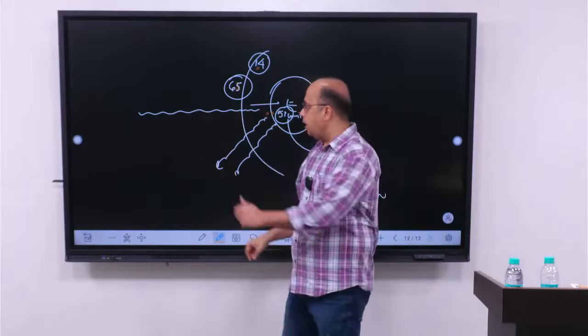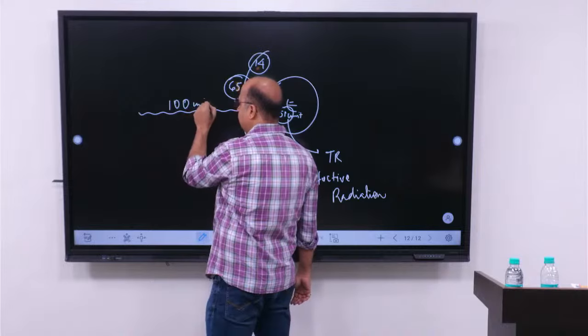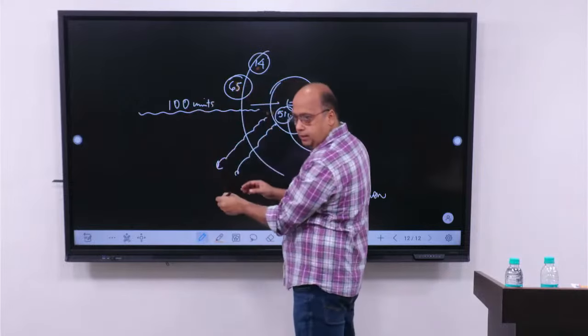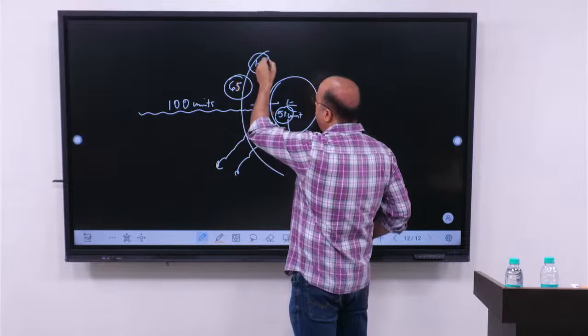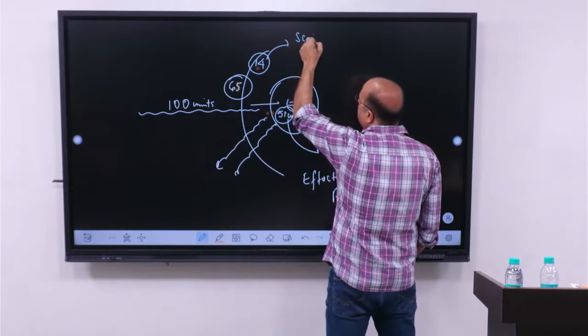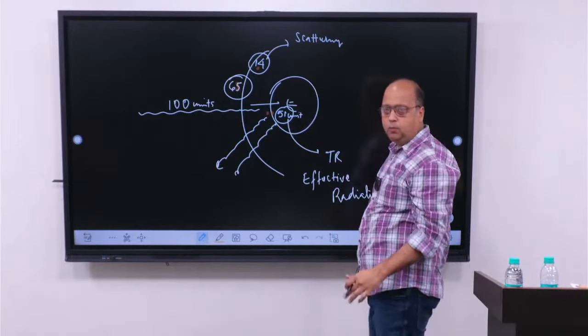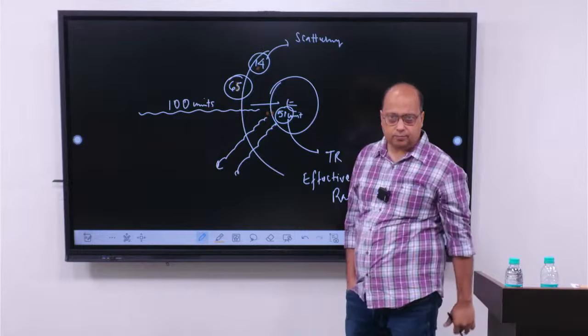Out of 100, when the 100 units are coming, 35 gone here. Now 14%, out of this 14%, some are going to be consumed in scattering, refraction and all. Acha, what happened due to the scattering?